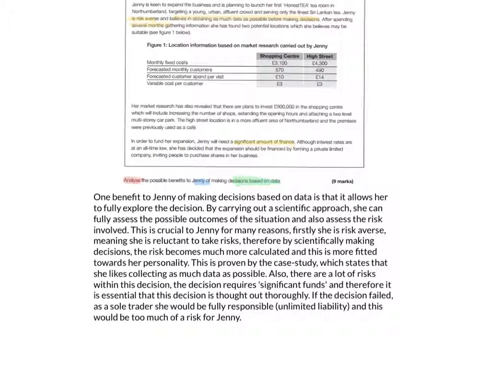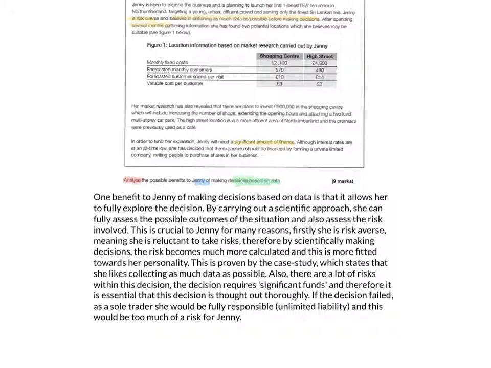Therefore, by scientifically making decisions, the risk becomes much more calculated, and this is more fitted towards her personality. This is proven by the case study, which states that she likes collecting as much data as possible. Also, there are a lot of risks within this decision. The decision requires significant funds, and therefore it's essential that this decision is thought out thoroughly. If the decision failed, as a sole trader, she'd be fully responsible because of unlimited liability, and this would be too much of a risk for Jenny.